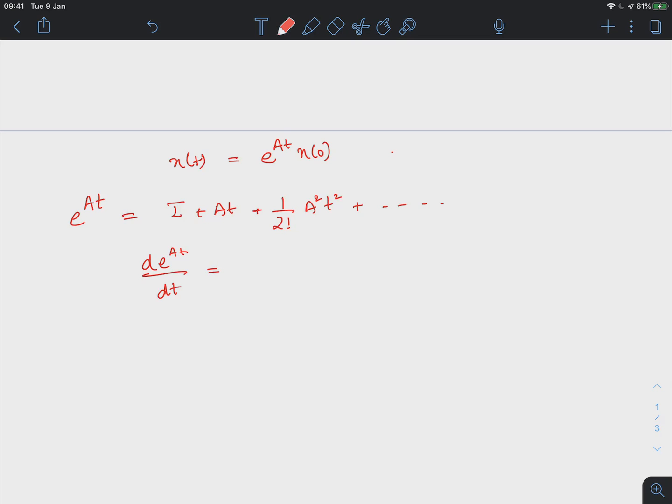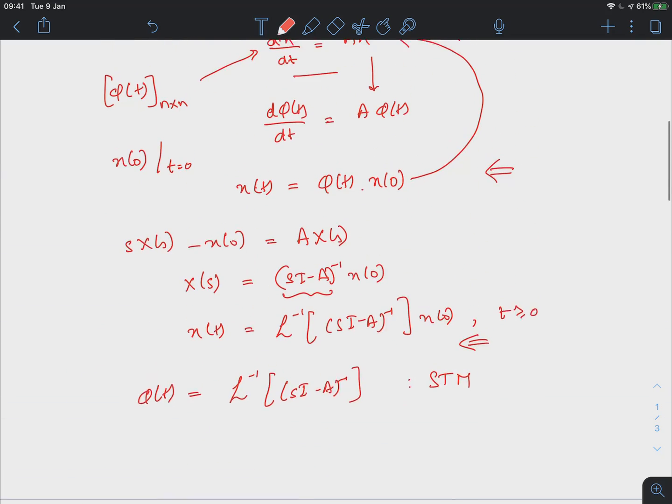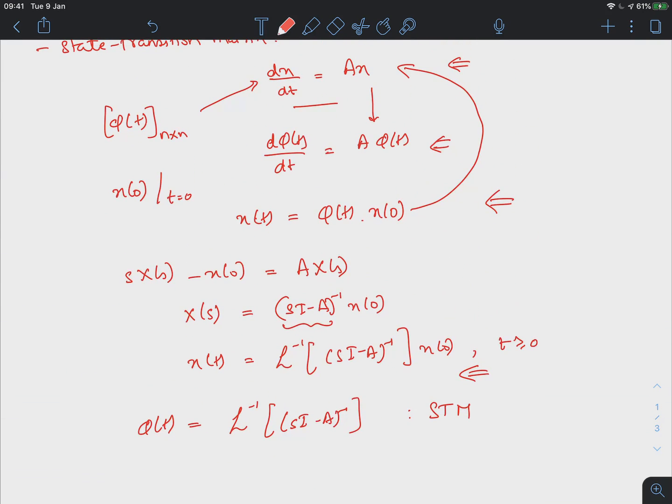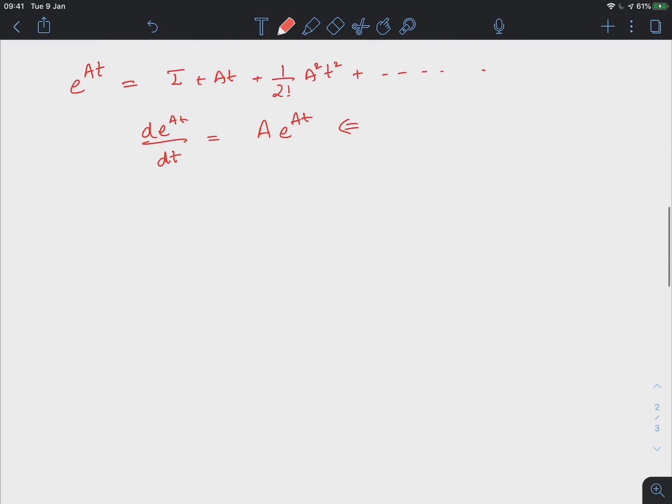Here you would notice that the derivative of this exponential term is given by A e to the power At. You can verify this from the expansion of the exponential term. So this again brought us back to this equation. If you see again the similarity between this equation and this equation, your state transition matrix is given by phi of t is equal to e to the power At.